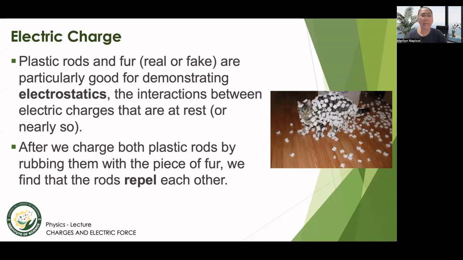Pag sinabi natin repel, para siyang magkalayo, parang sa mga magnets. Kapag nagtabi kayo ng dalawang magnets, hindi nyo talaga siya literally mapapagdikit kasi meron siyang repulsion. Pag sinabi natin repulsion, parang ayaw niya magdikit. Okay, they repel each other.